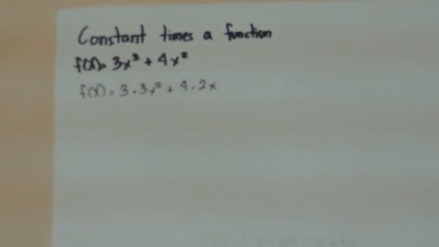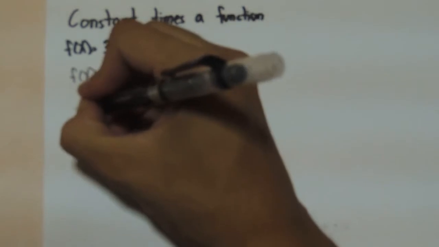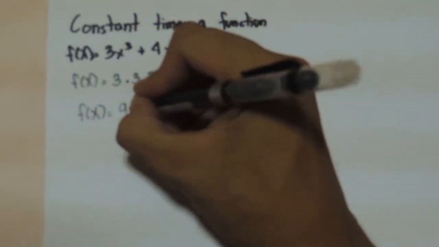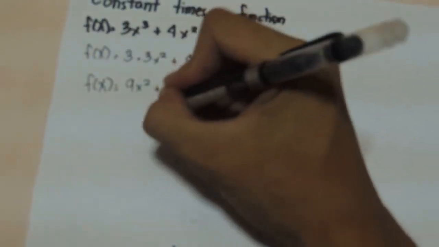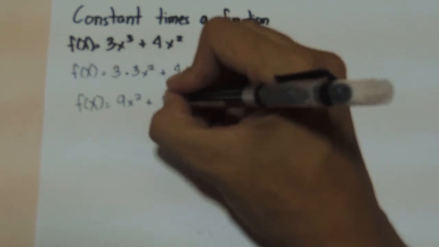The next step is solving it to get the answer. So f prime of x is equal to 3 times 3 is equal to 9. Then bring down the x squared. So 9x squared plus 4 times 2 is equal to 8. Then bring down the x.